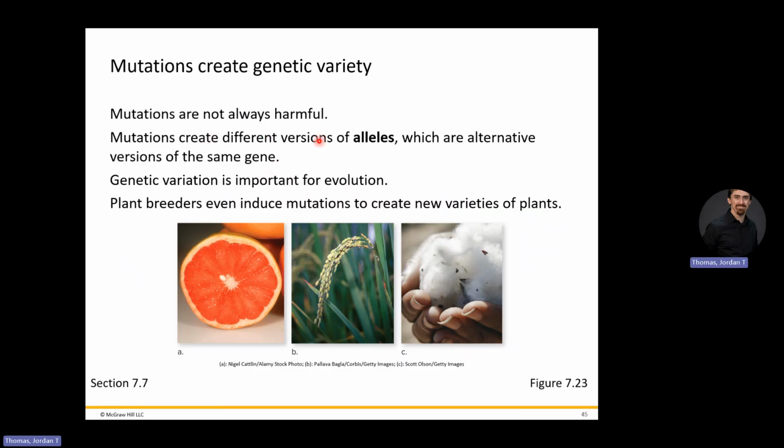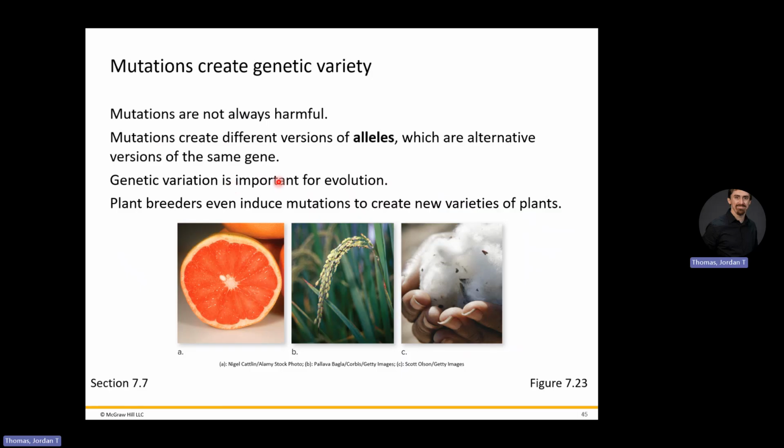Mutations can cause different versions of alleles, which are alternate versions of the same gene. So we have different alleles, different genes for hair color, for eye color, for skin color, and so forth. They all have the same function, but they have slightly different variation.